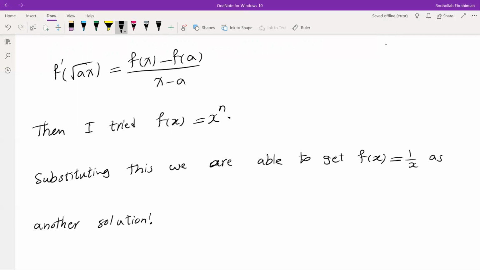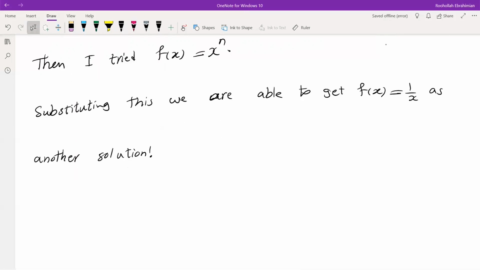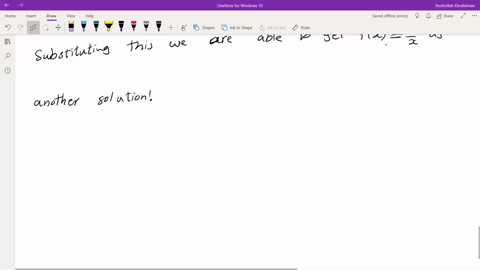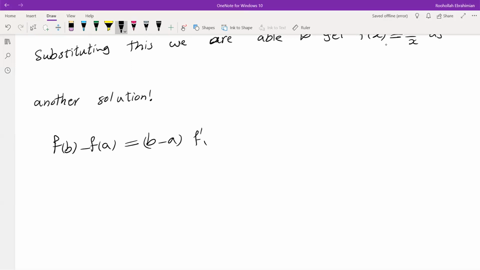Okay. Then I thought, well, maybe these are the only solutions. But then I realized that if you look at the functional equation, if you have two solutions, let's say g is also a solution to the same thing, when you add them, you get another solution.